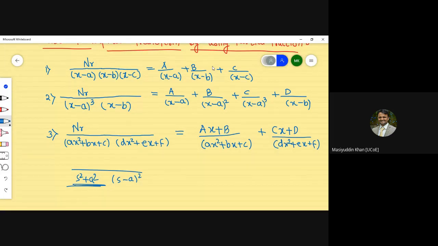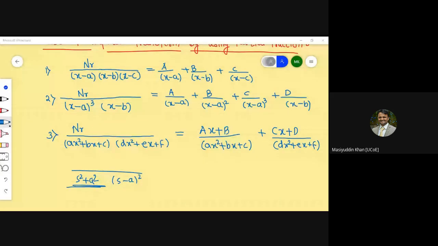If convolution theorem is mentioned, you have to use convolution. If it is not mentioned, you can go ahead with the partial fractions. So make things clear in your mind about when to apply partial fraction. I hope I'm clear with the partial fractions concept.